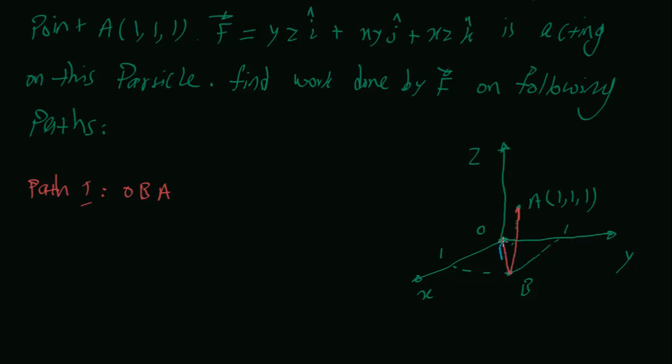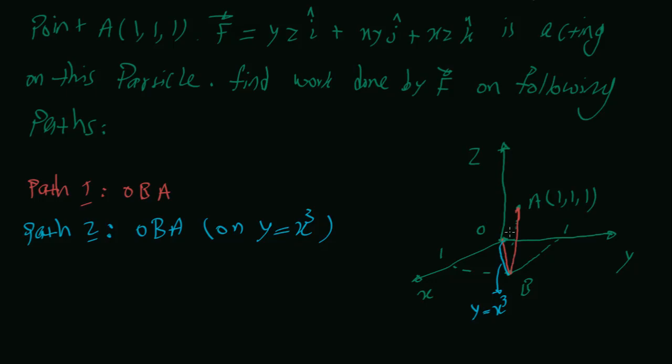So going from O to B on this curve, which is y equal to x to the third, and then from B we go to A. So path 2 is O, B, A, but on the y equal to x cubed path.